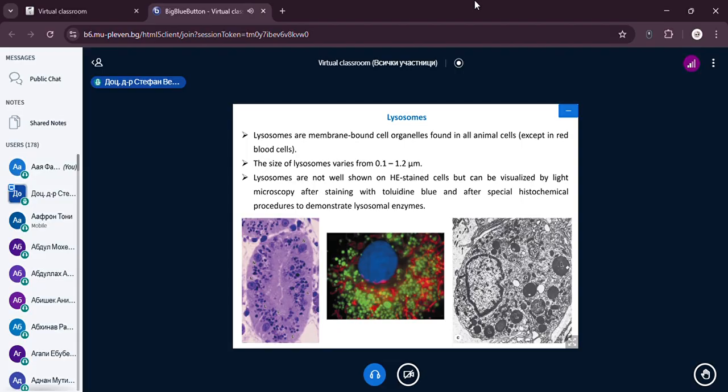And green are the lysosomes in this cell. And this is an electron micrograph of a cell. This is a macrophage, one of the cells with abundant lysosomes in their cytoplasm, performing phagocytosis.